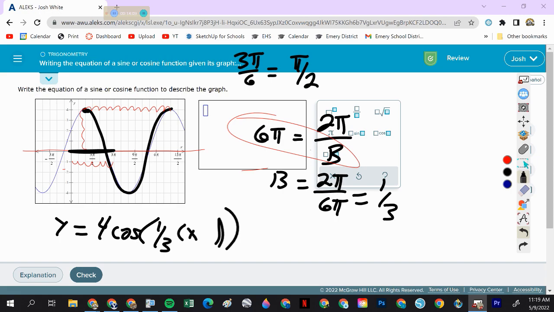Does everybody understand that? No? You get it? Okay. And then how far did we shift? Well, we started here, and we went right to here, which is 2 lines. How big is 2 lines?